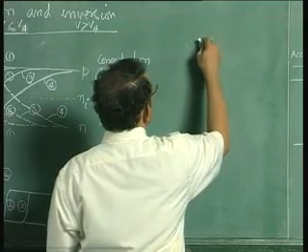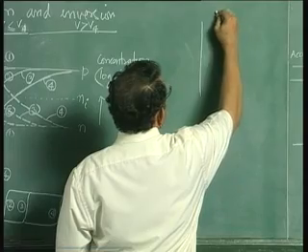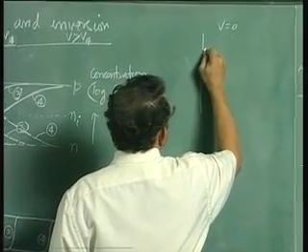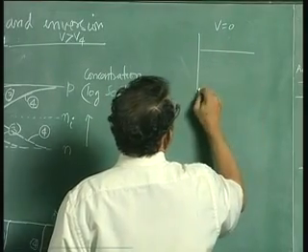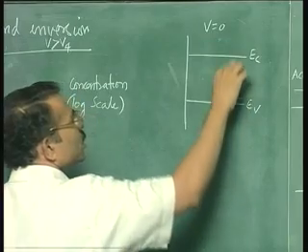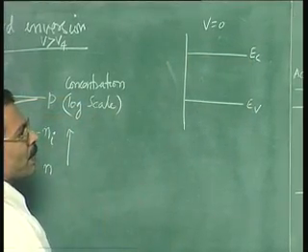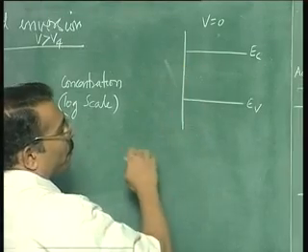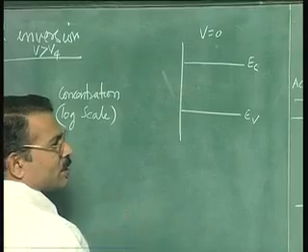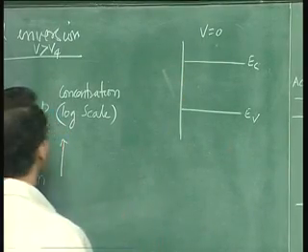So if I draw the energy band diagram in this semiconductor for V equal to 0, which is the flat band for an ideal capacitor, you will find that the conduction band edge and valence band edge, both of these edges are flat, they are horizontal. That is because there is no variation in the hole or electron concentration as a function of x for V equal to 0.